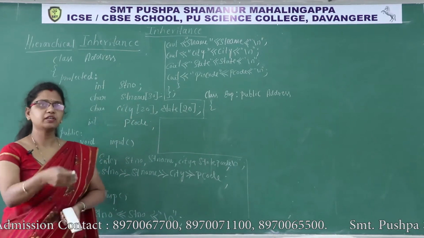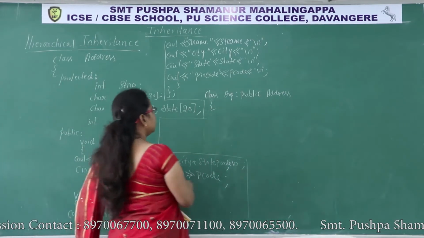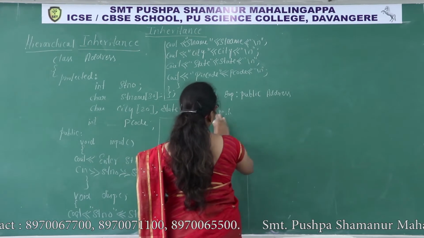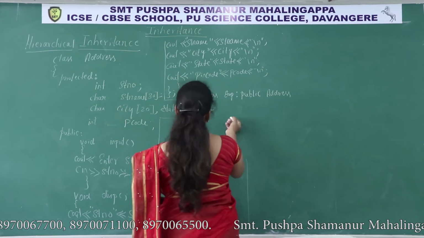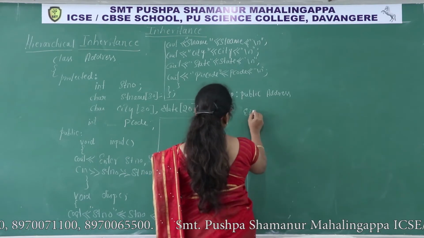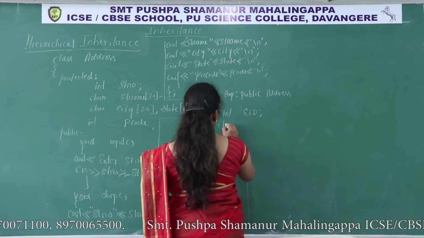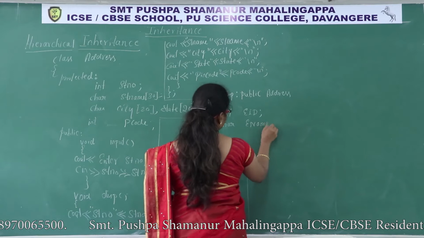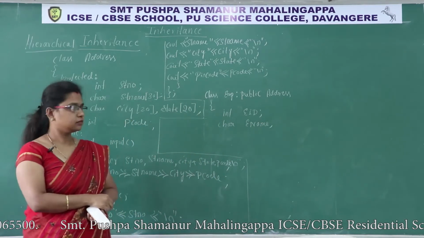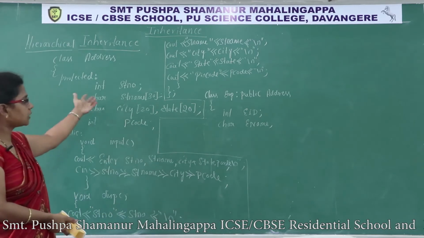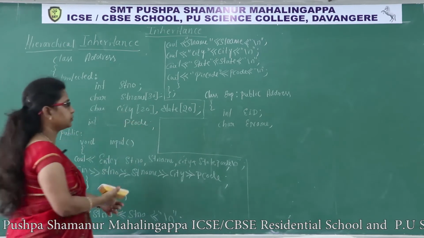This class has its own data members, employee ID in the protected section, or you can take it in a private section: int employee ID, char employee name. For address we have already taken a class, and this class is inherited to the derived class.